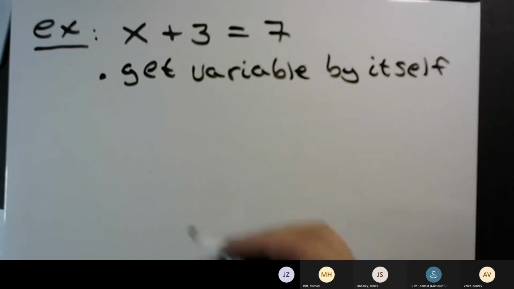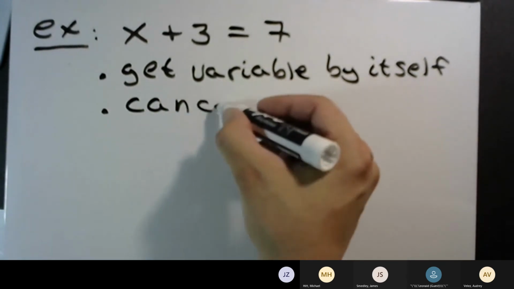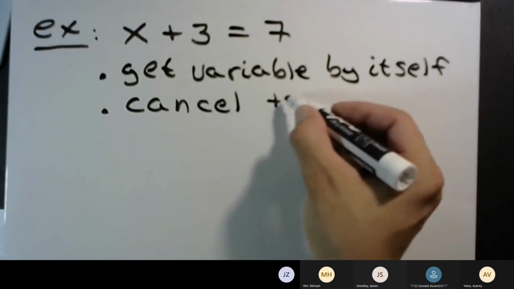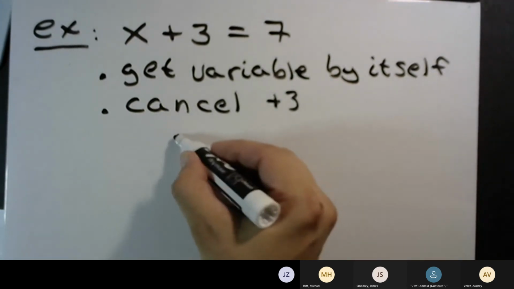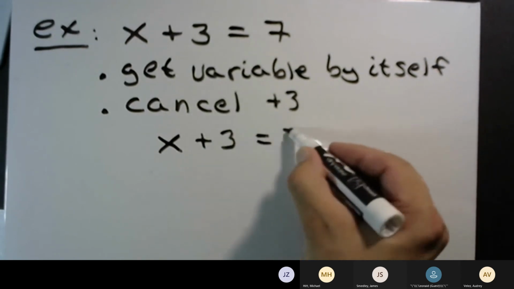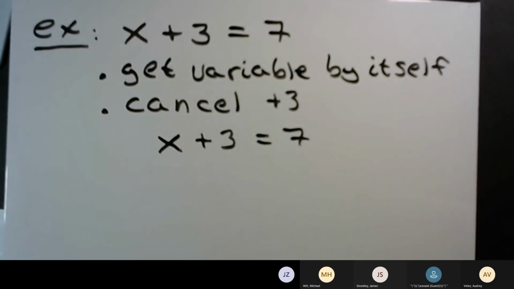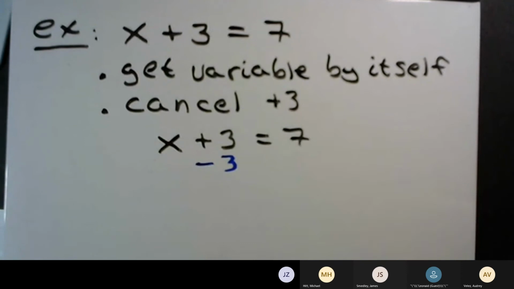So that means we want to cancel the +3. So the way we do that is we use the opposite. Instead of adding 3, we subtract 3.